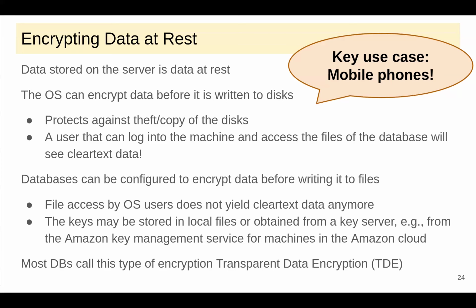Now, the assumption until a couple of years ago was that if you have hardware access, if you get hold of the phone, you have access to all the data. Since the rise of mobile phones and lots of private data on them, full disk encryption has gotten pretty versatile and ubiquitous. Most phones today support full disk encryption.